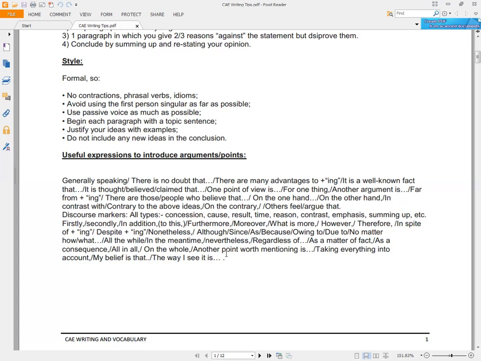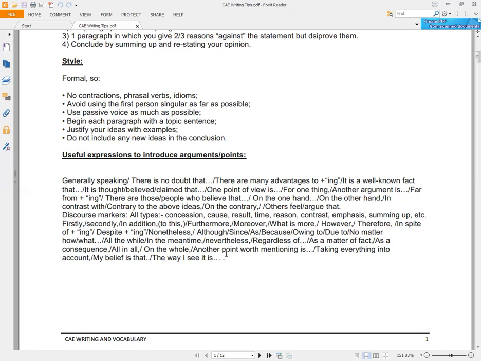For example, on the one hand, social media has a lot of advantages. On the other hand, social media has some disadvantages. So on the one hand gives the positive idea, on the other hand gives the negative idea.